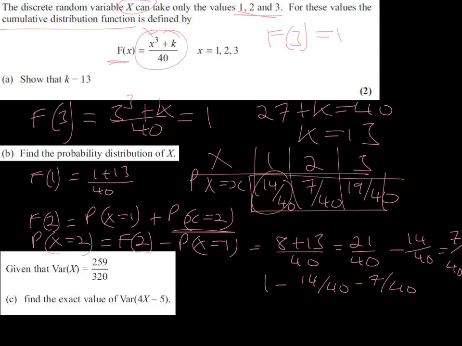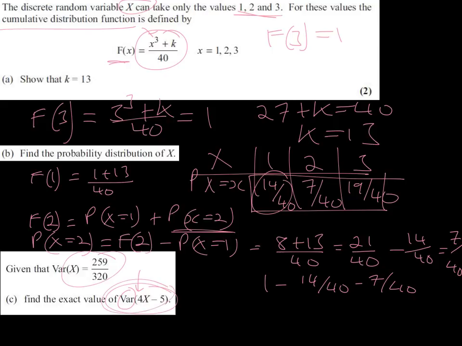For the final part, then, we're given the variance of x equals 259 over 320. We're asked to find the exact value of the variance of 4x minus 5. Now, what this number here, 4, is going to do is, because we're multiplying all the values of x by 4, that's going to increase the standard deviation by a factor of 4, and therefore, since the variance is the square of the standard deviation, that is going to have the effect of increasing the variance by a factor of 4 squared.